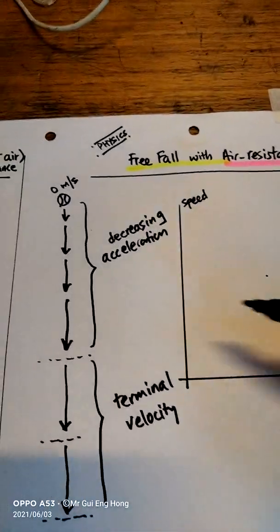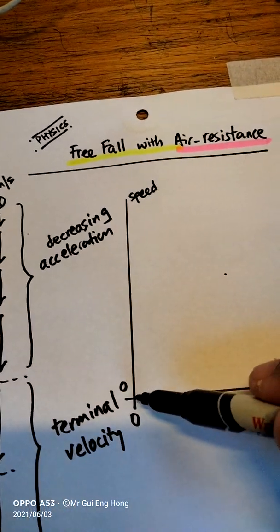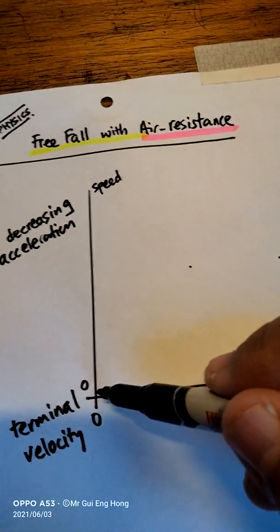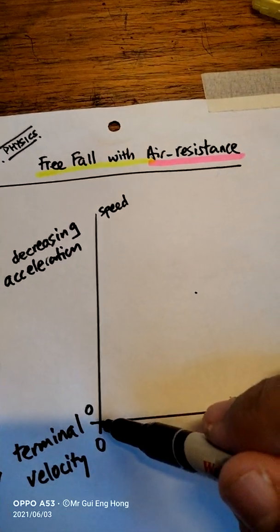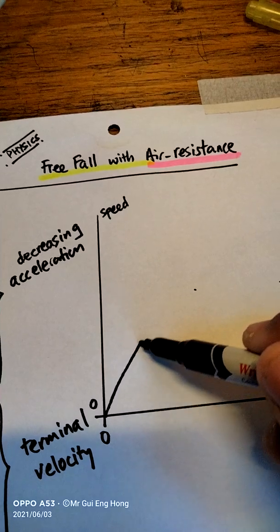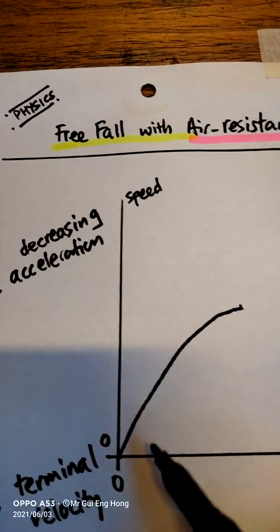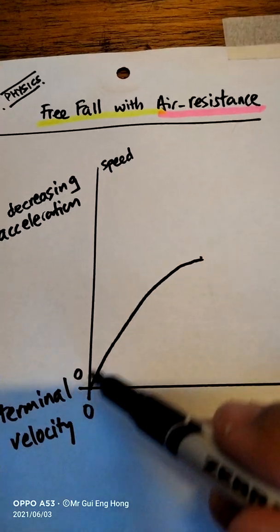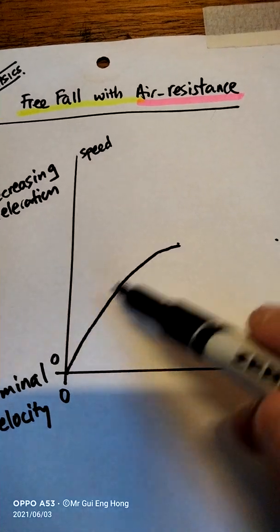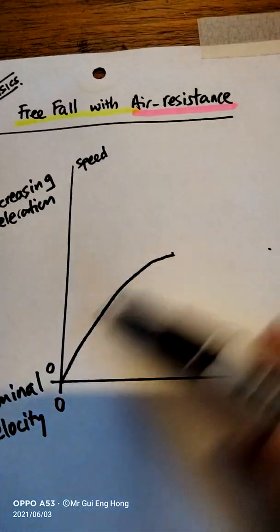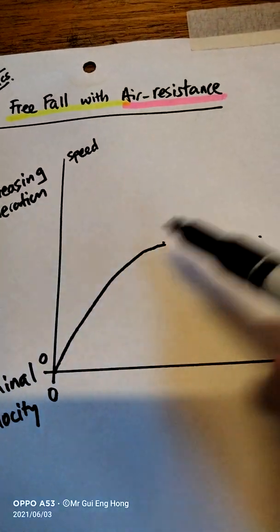Now let's look at the graph of speed against time. It will not be a straight line because it's not falling in vacuum. So it will be a slope this way. You can see that the speed is increasing, but the gradient is decreasing. So although it's increasing, the acceleration is decreasing, as you can see from the gradient or the slope.